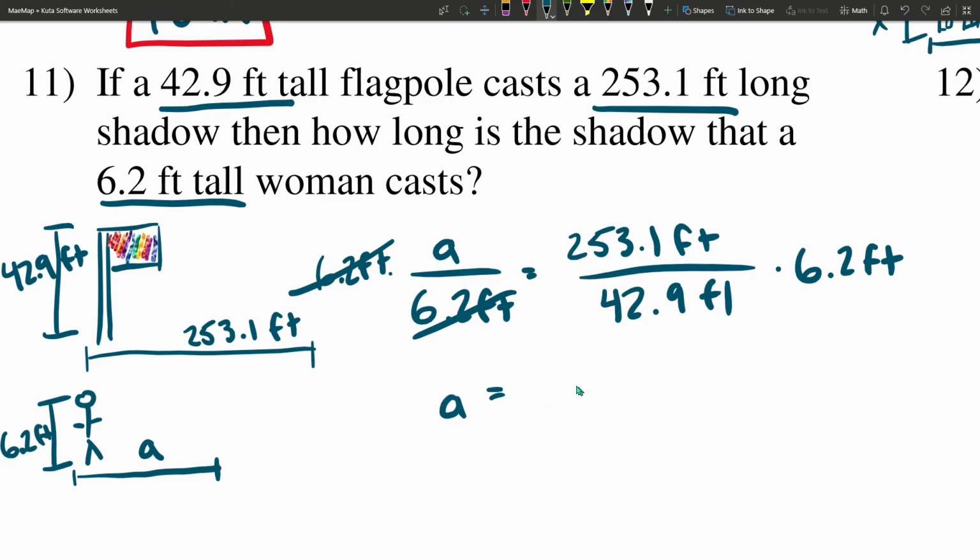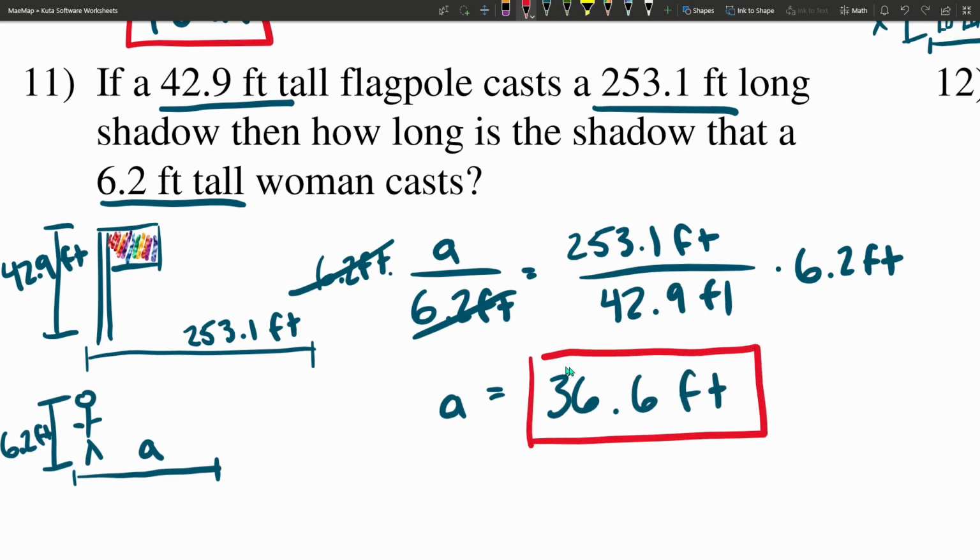When we do so, we're going to get a number that's 36.5785, and so on. But remember, we're rounding to that nearest 10th. Next to that is a 7, so this 5 is going to round up to a 6. So 36.6 feet. That is the length of the shadow that the woman casts.